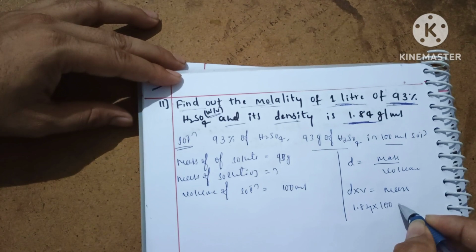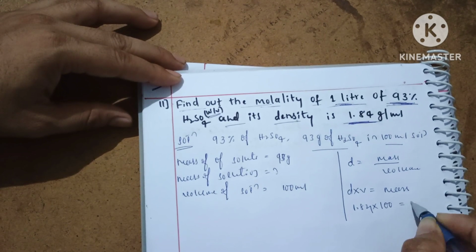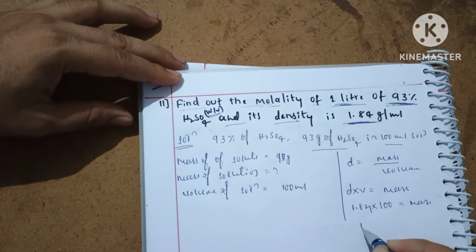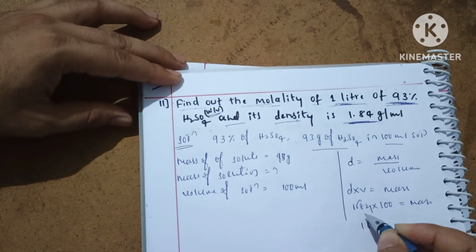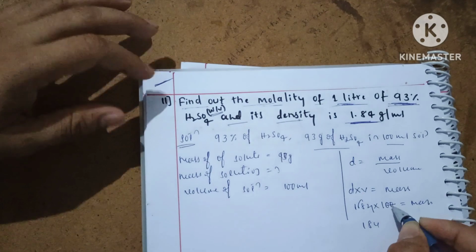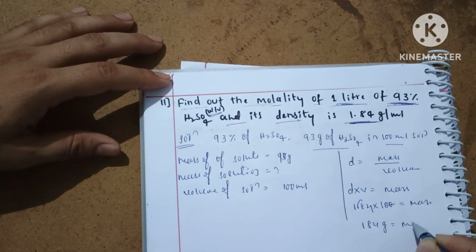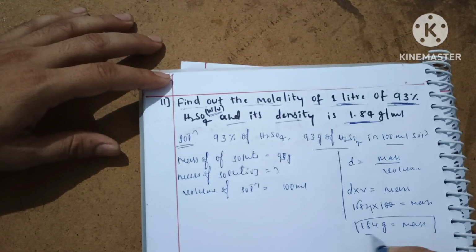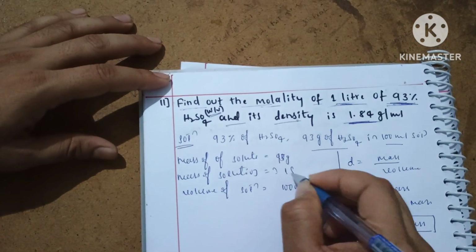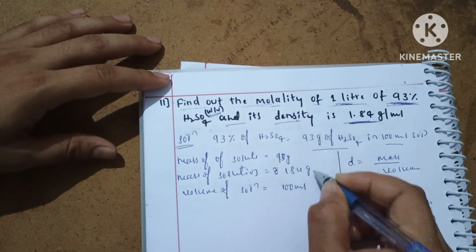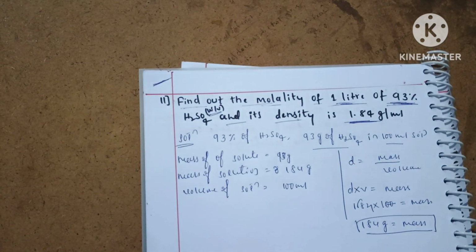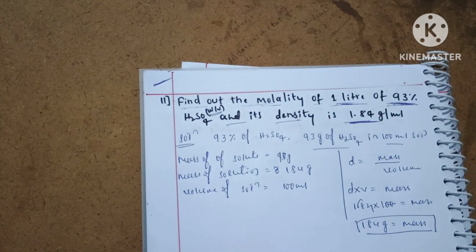So the answer is 184, the decimal point and these two zeros get cancelled, and the answer becomes 184 gram, which is equal to mass. So we have got the mass of solution, that is 184 gram.